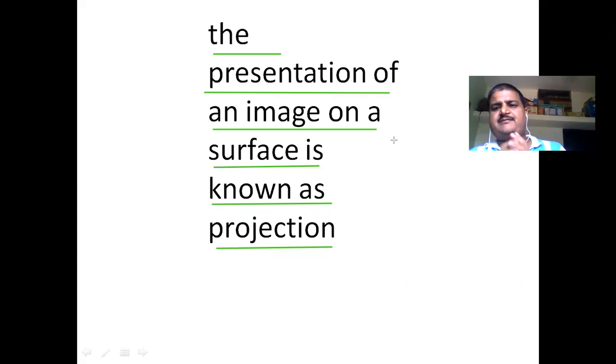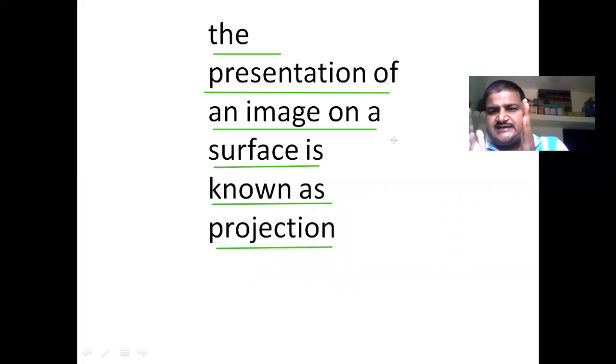The dictionary meaning of projection is that the presentation of an image on a surface is known as a projection. Means if you are presenting any kind of image on a surface, then it will be considered a projection.